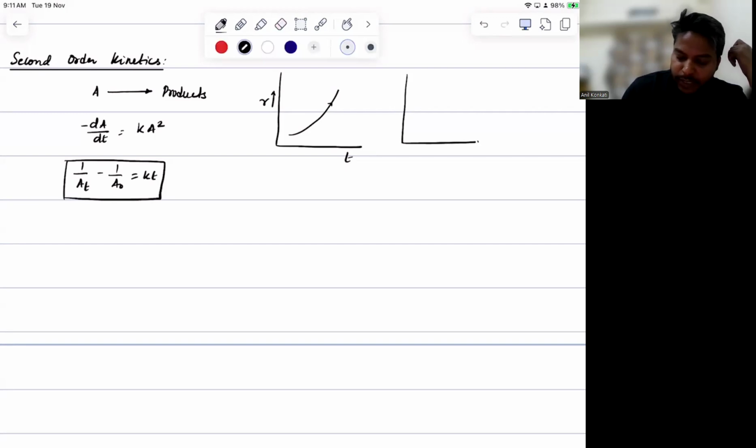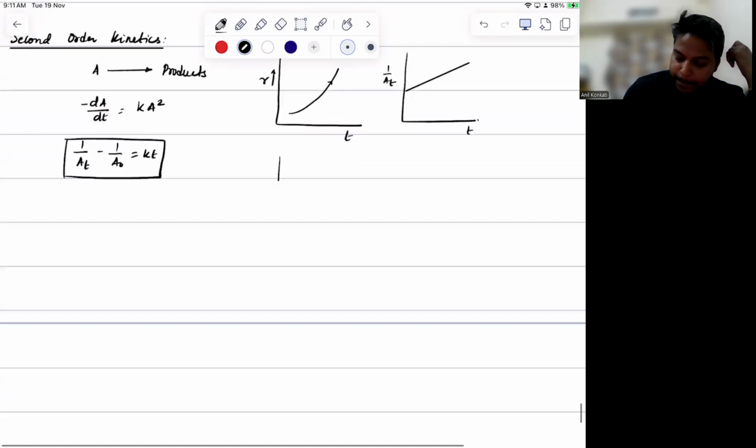Now, 1 by At versus t. If we plot this one, then I'll get a straight line here. Next, if we plot t half versus A naught concentration, this will decrease.